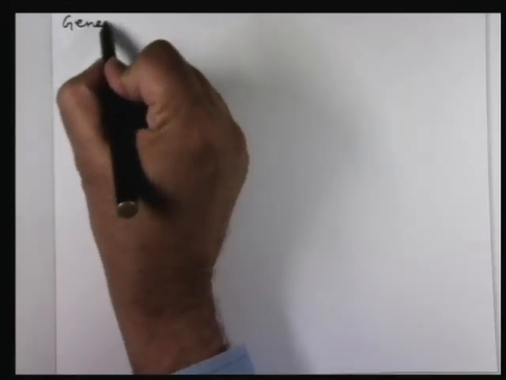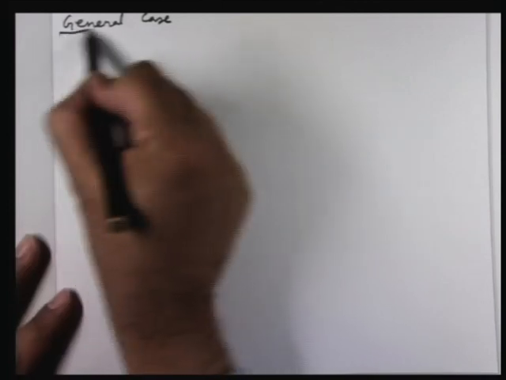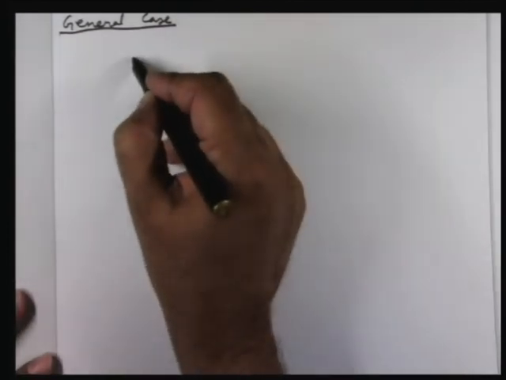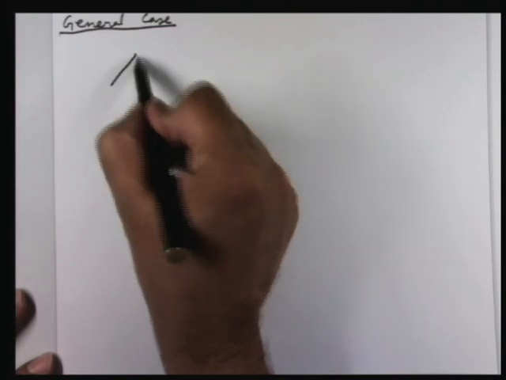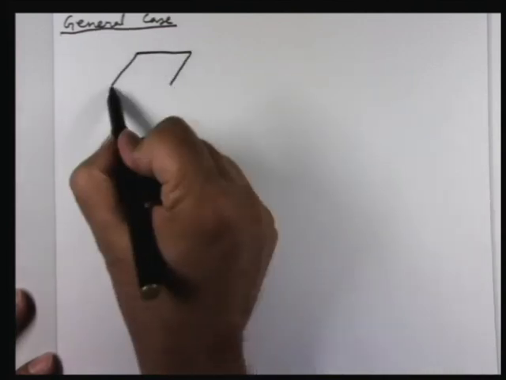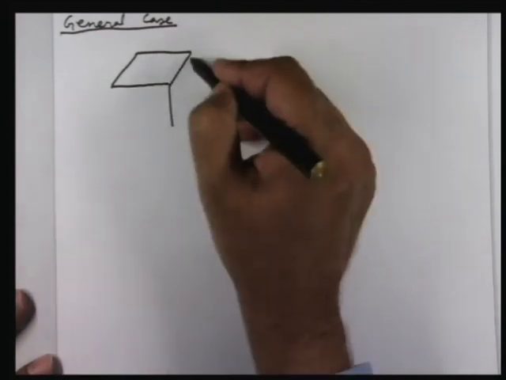All right, now let us look at a general case. First I'll give you a heuristic proof. Let us say I look at a fluid element whose surfaces are perpendicular to the coordinate axis.